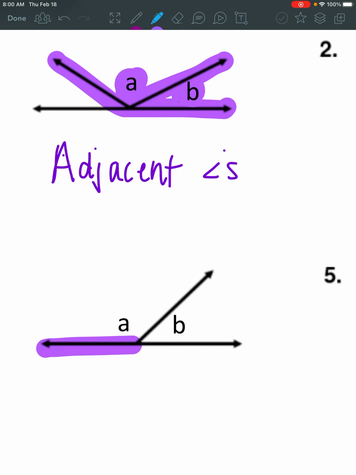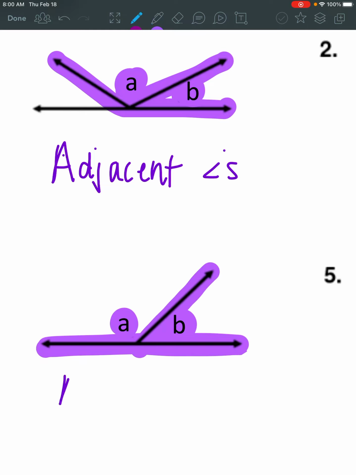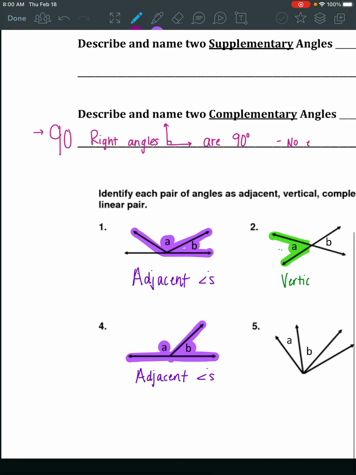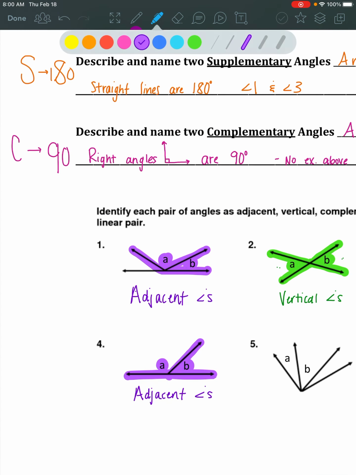Next one. So here we do have a straight line. So those two angles added together, we know that they're 180 because we see them on the straight line. They also share this common side. So they are adjacent because they're right next to each other. But they fall into another category because they also add to 180.